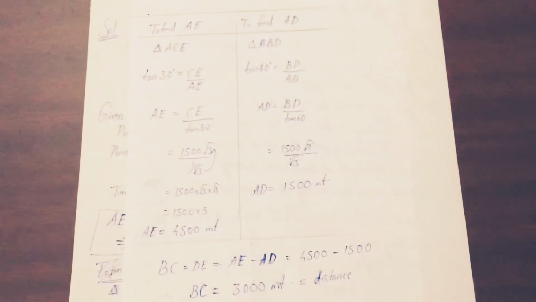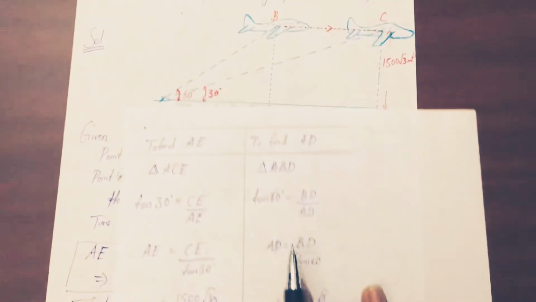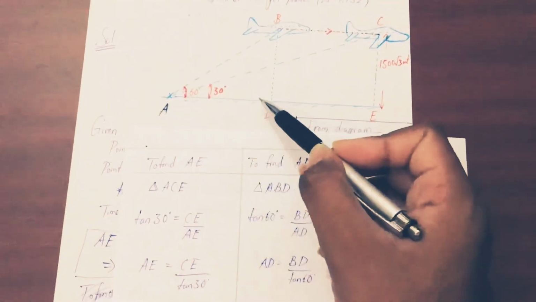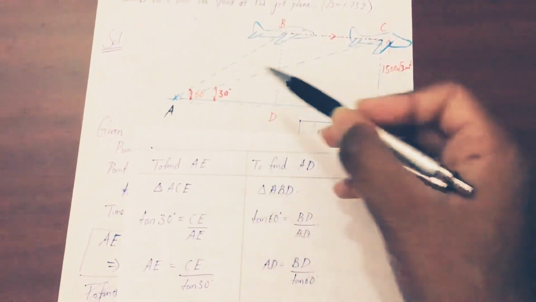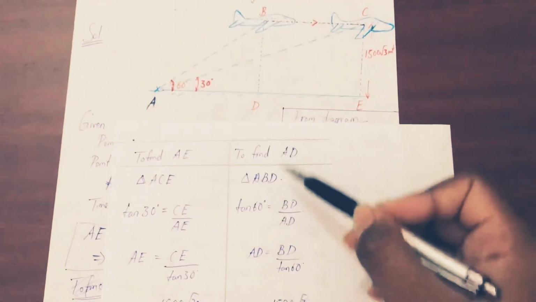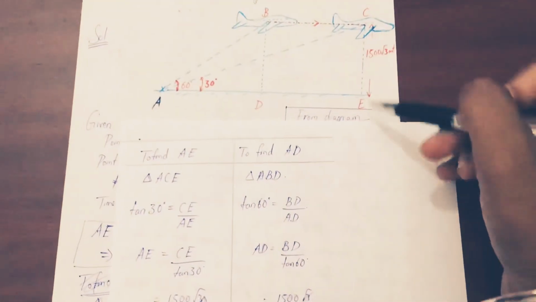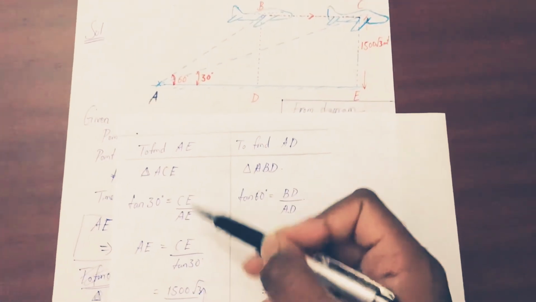To find AE and AD, which we have just discussed, AE is this part and AD is this part. So from triangle ACE we can find AE, and from triangle ABD we can find AD. So tan 30 is equal to opposite by adjacent. Opposite is 1500 root 3, which is CE, adjacent is AE.